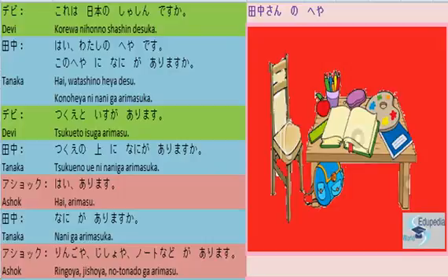Miss Tanaka, 机の上に何がありますか? Is there anything on the table? Mr. Ashok, はい、あります。Yes. Miss Tanaka, 何がありますか? What is there? Mr. Ashok, リンゴや辞書やノートなどがあります。There is apple, dictionary, notebook, etc.